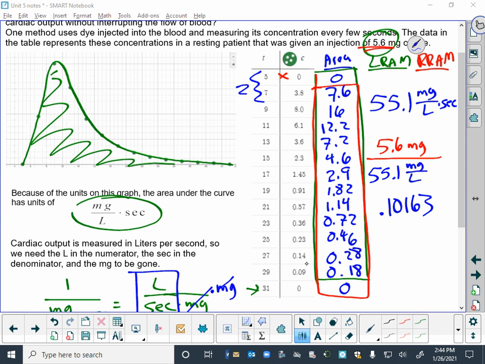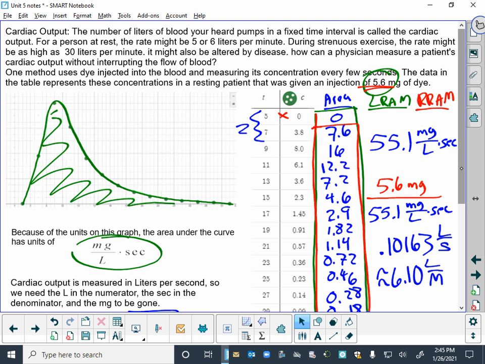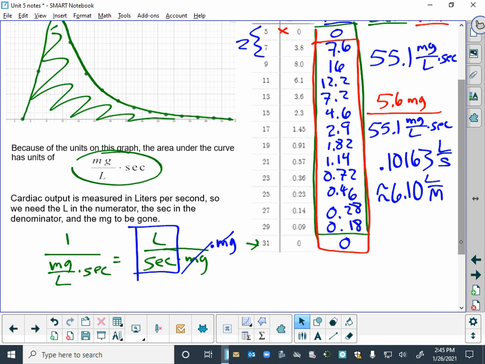And the units on this, this is times seconds, so this is going to be in liters per second. They actually prefer this apparently in liters per minute. So if I multiply that by 60, I get about 6.10 liters per minute. In our initial data, it said for a person at rest, it might be 5 or 6 liters per minute. And so this looks like there's nothing in particular wrong with this person.